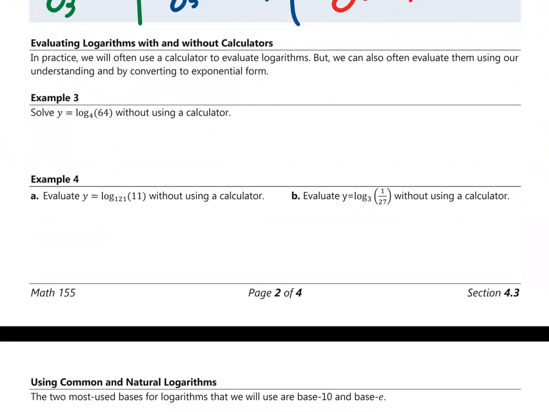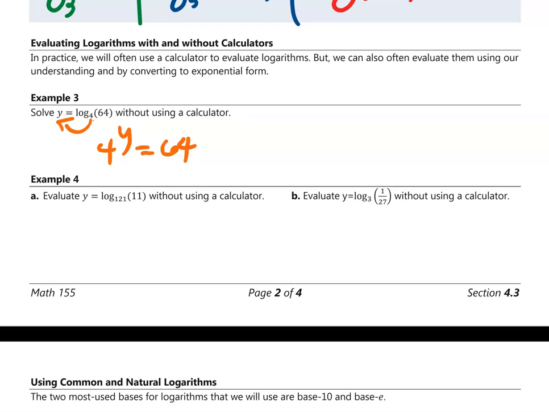Next, evaluating logarithms with and without calculators. In practice, we will use a calculator to evaluate logarithms, but we can also often evaluate them using our understanding and converting to exponential form. Let's try example number 3, y equals log base 4 of 64 without using a calculator. So we know that we can convert this to exponential form. The base is 4. So remember that is 4 raised to y is equal to 64.